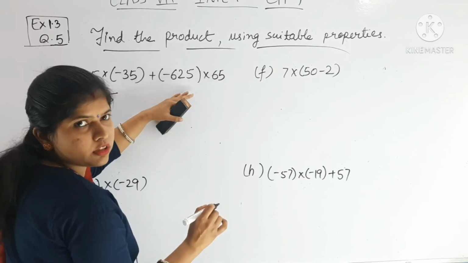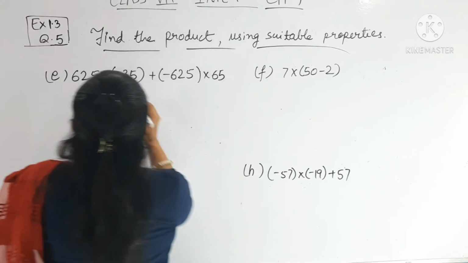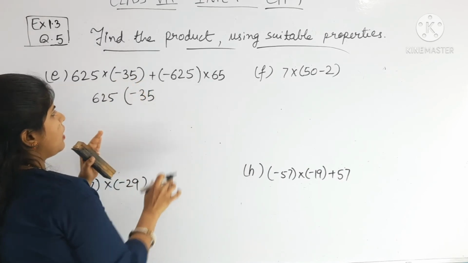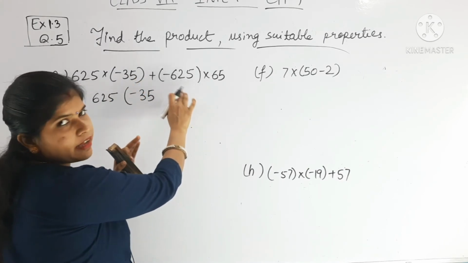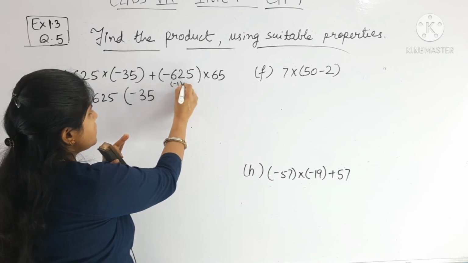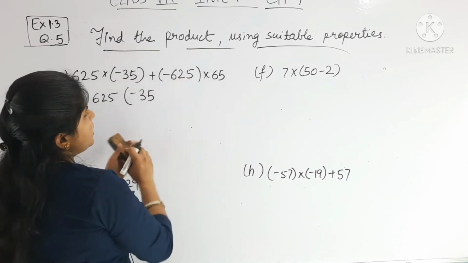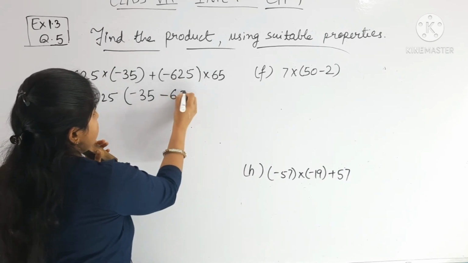So we are left with the negative sign. Okay, 625 minus 35, here what is left? Minus 1 is left into 65. So minus 1 into 65 is minus 65.